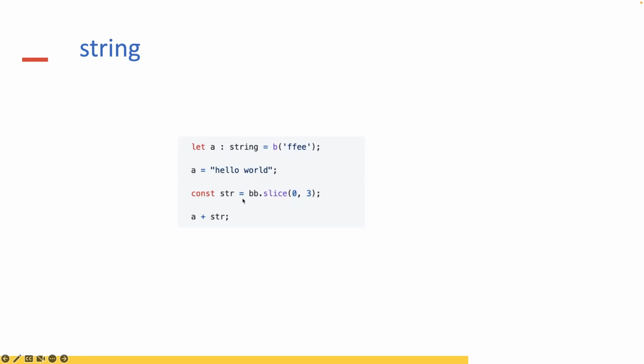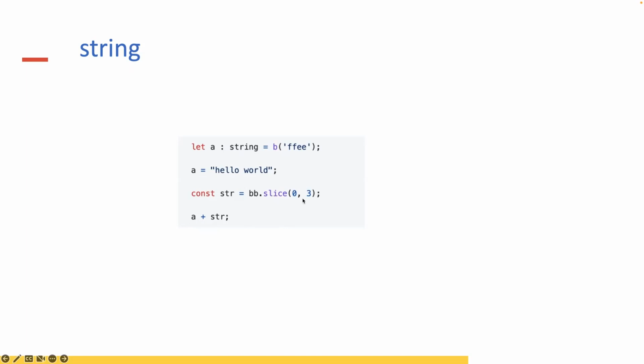Because in our case the string is pretty much regarded as a byte array, not every regular TypeScript string function can be called. Right now we only support two operations. One is concatenation: you can just use a plus sign to concatenate two strings.